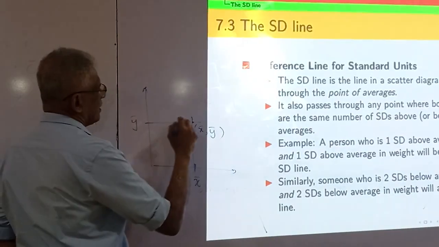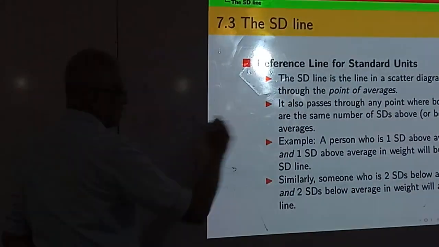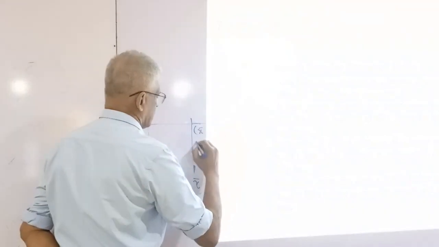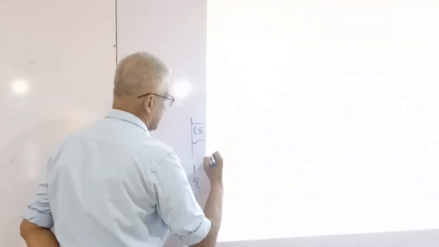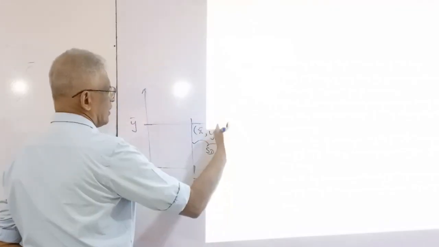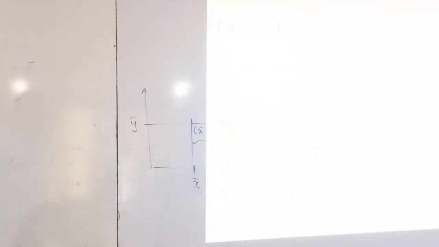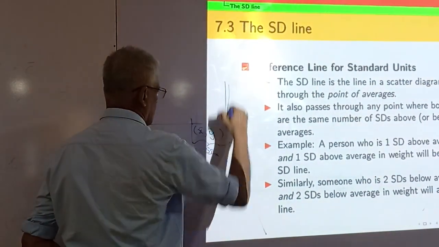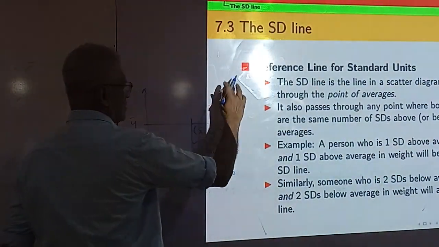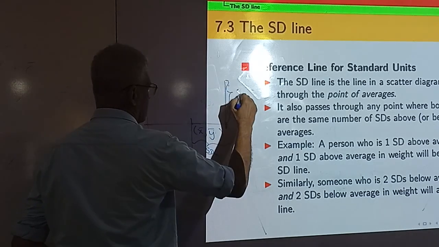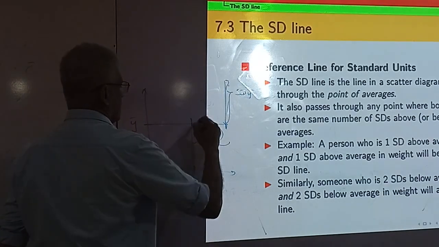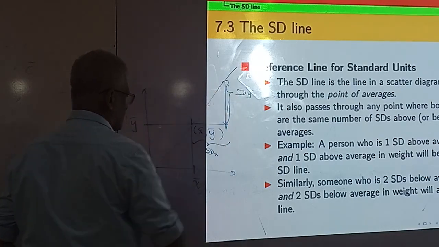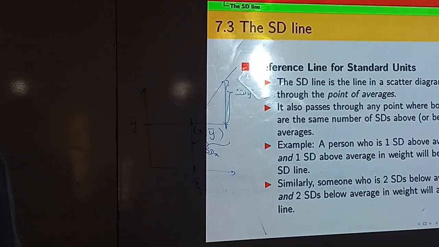So let's look at x bar plus the standard deviation of x. If you consider this to be the standard deviation of x, this value here will be that. And then similarly calculate y bar plus the standard deviation of y. Suppose this is the standard deviation of the y values. Right? So then the line that goes through this and this is called the SD line.